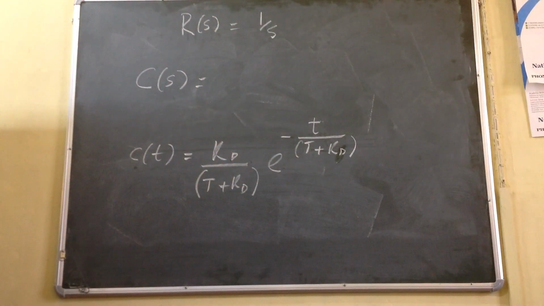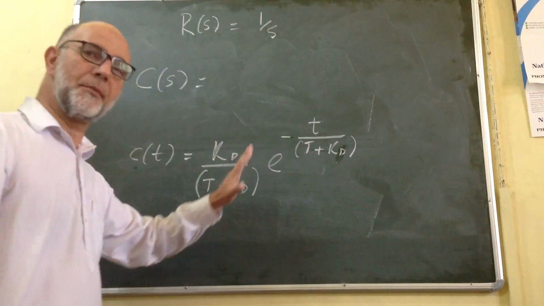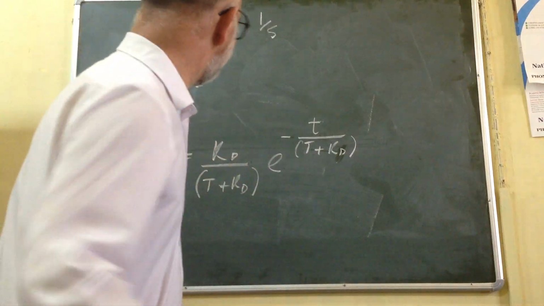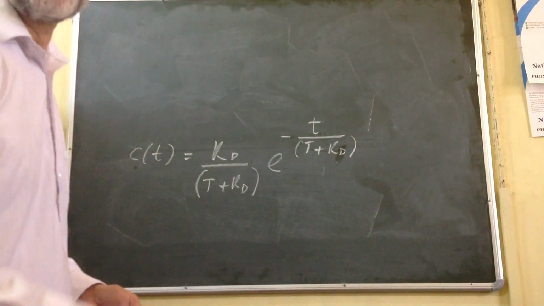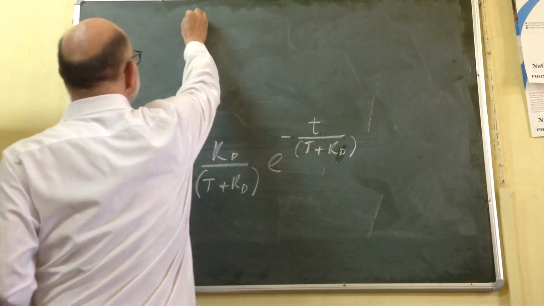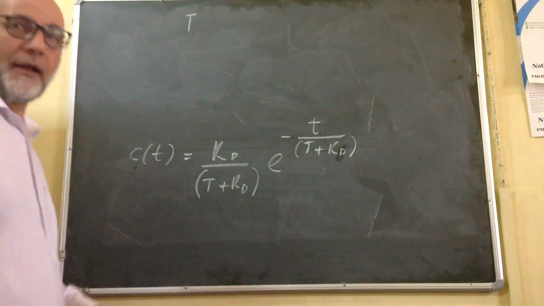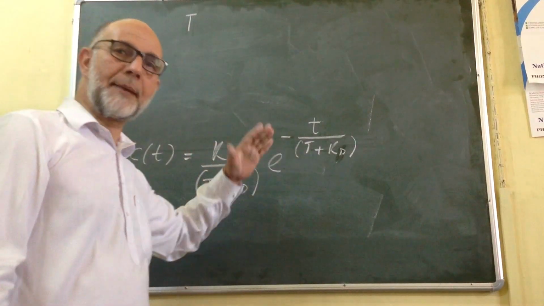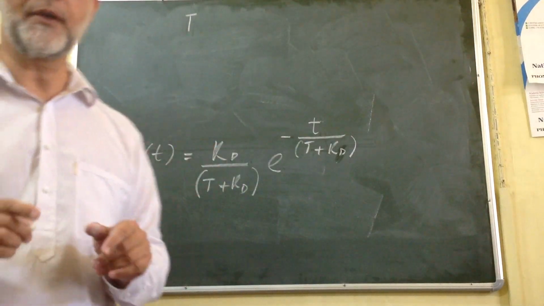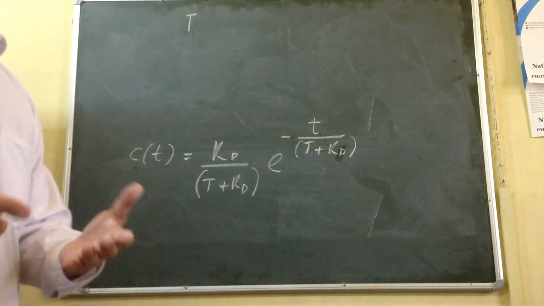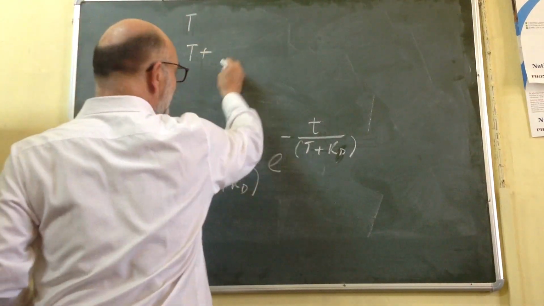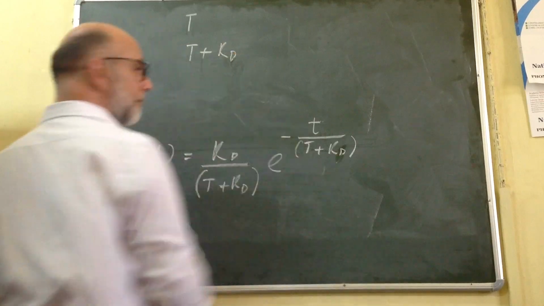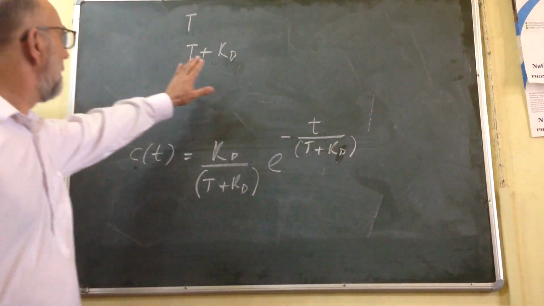Now, one implication of derivative control is immediately obvious. The original time constant of the system was T. The new time constant, that is the time constant of the closed loop system incorporating a derivative controller only, is now T plus KD.